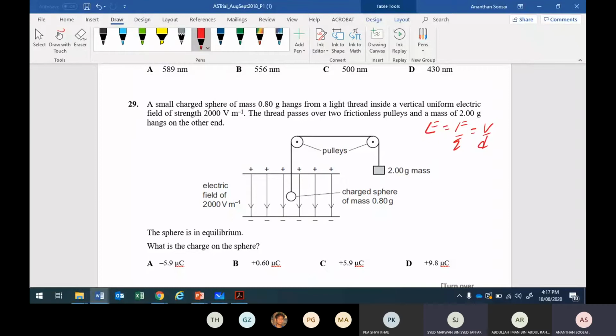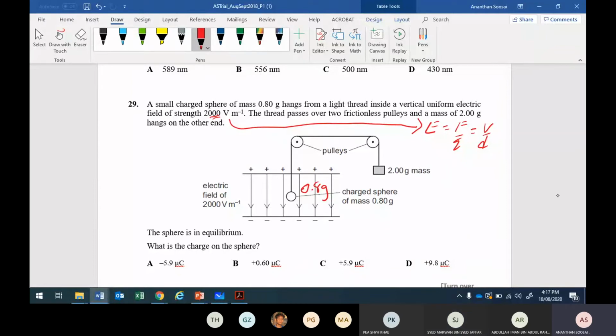So a small charged sphere of 0.8 gram hangs from a light thread inside a vertical electric field, strength of 2000. So this is your E.